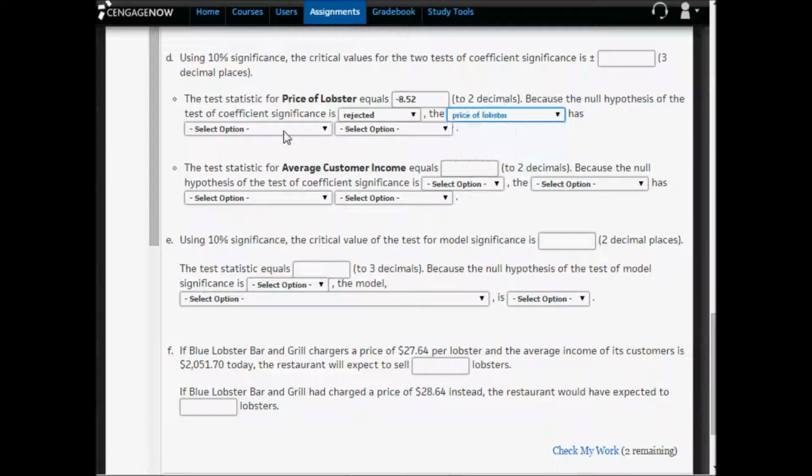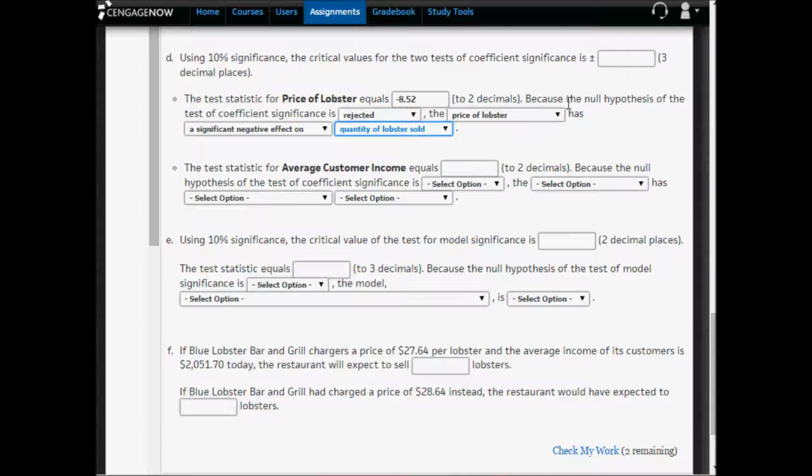The price of lobster has a significant negative effect on quantity of lobster sold. We say a significant negative because the test statistic is so far away from 0, way out in the lower tail. We say negative because the test statistic is negative.